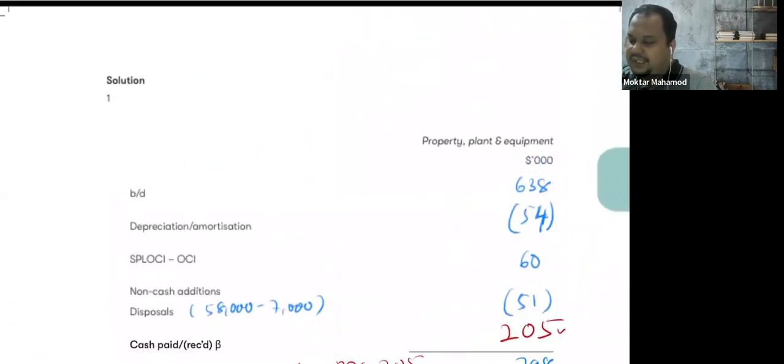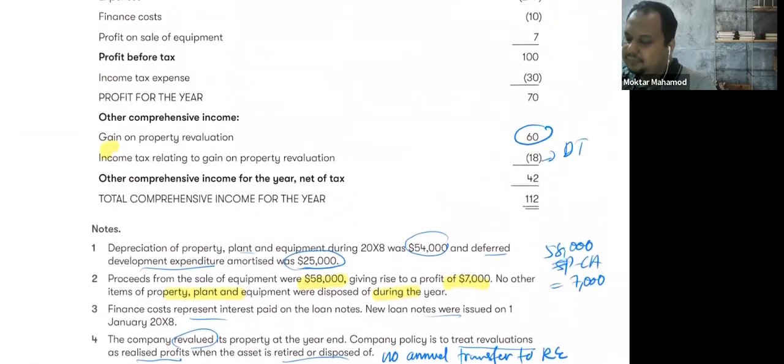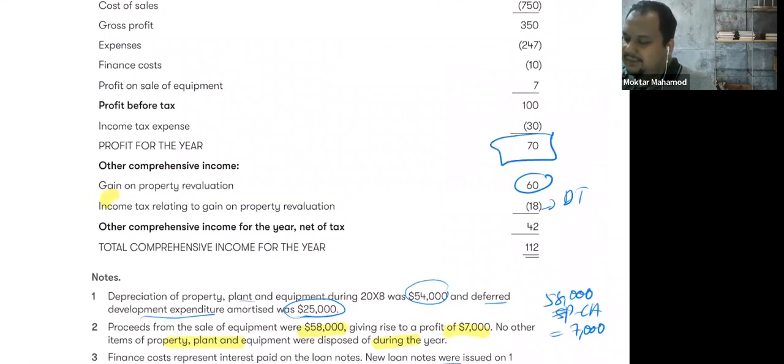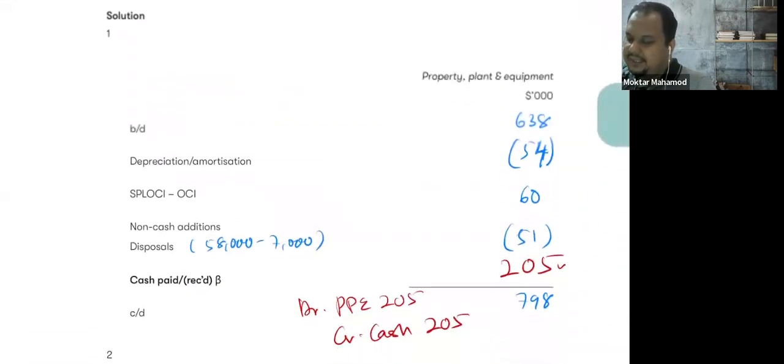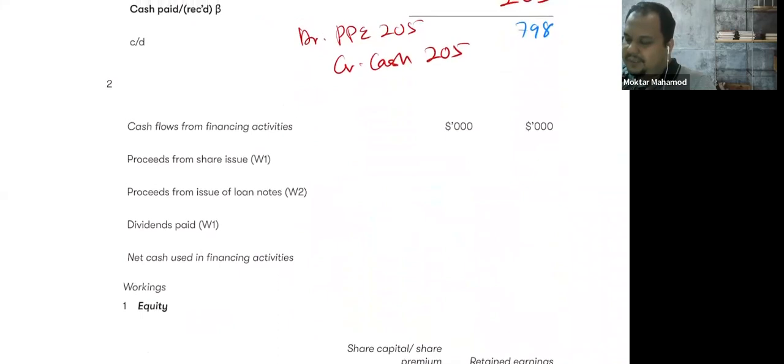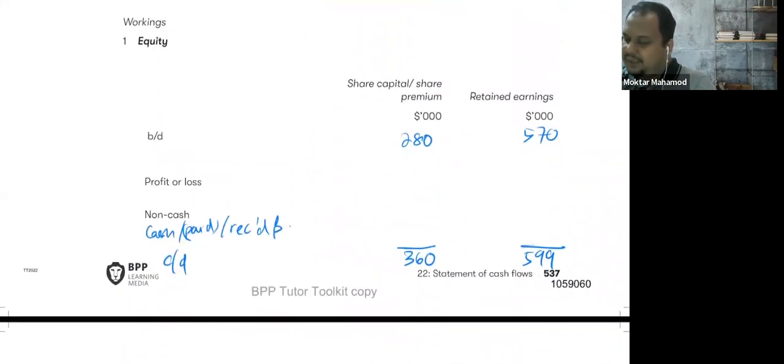So profit or loss for the year kat sini 70. Profit for the year 70. Retained earnings computation, profit for the year 70. Dia tak ada bonus issue. Kalau ada bonus issue, kena masukkan bonus issue dekat sini. Sebab bonus issue will be done cash consideration.